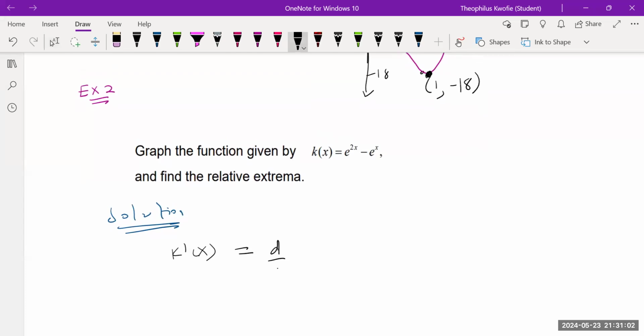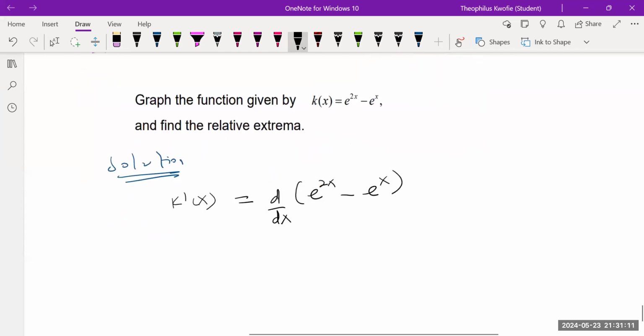At this point, let's distribute. So we have this to differentiate. And by distributing, we said that the derivative of the difference of functions is the difference of the derivatives, okay? That's what we said the last time. So we have this.